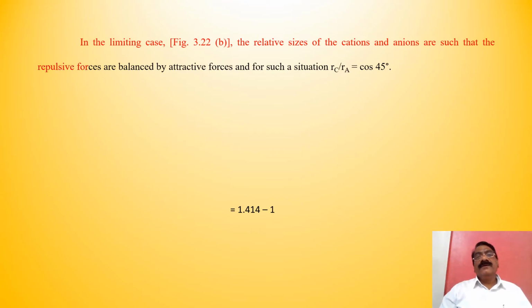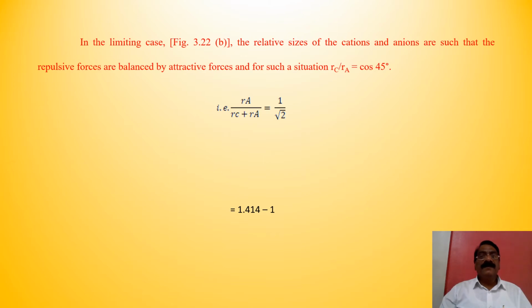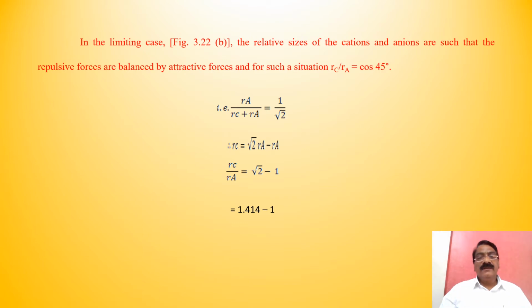and for such a situation, Rc upon Ra is equal to cos 45. That is, Ra upon Rc plus Ra is equal to 1 upon root 2. By solving this, Rc is equal to root 2 Ra minus Ra. Rc upon Ra is equal to root 2 minus 1.